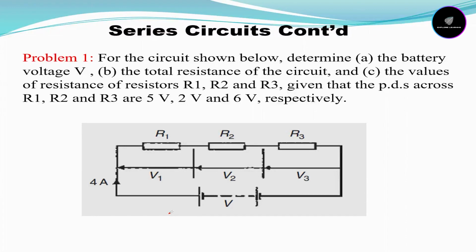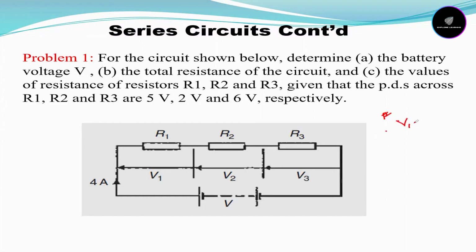In this case, the first thing you need to do when solving questions like this in physics, electronics or circuits is to list out the parameters that have been given and then identify the parameters that have not been given and that are required for you to provide values for. So the first thing we're going to do is to identify these parameters.